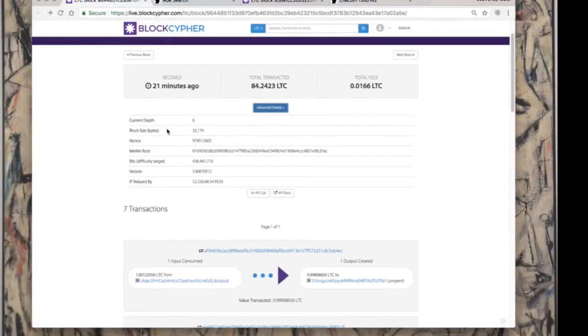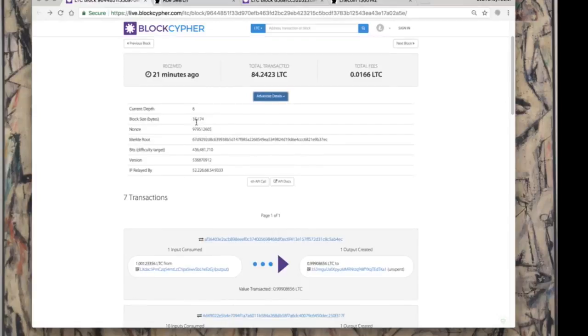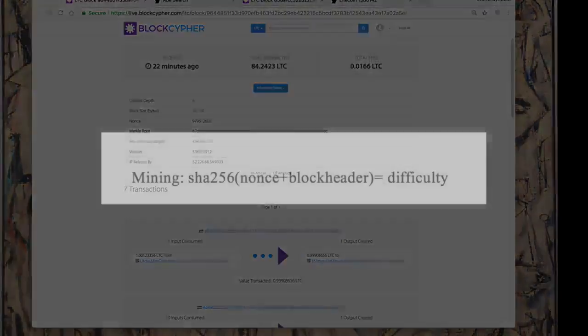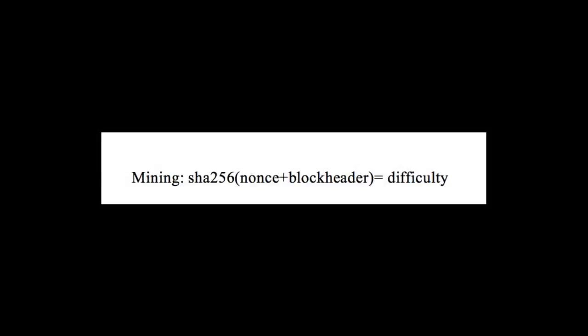Right, so block size, that tells you how big the block is. Nonce. So nonce is kind of interesting. Nonce is the number that miners are actually looking for. So if we go back to this real quick, in a Litecoin software wallet, your Litecoin daemon will give you something called the block header, and miners will go through nonces.